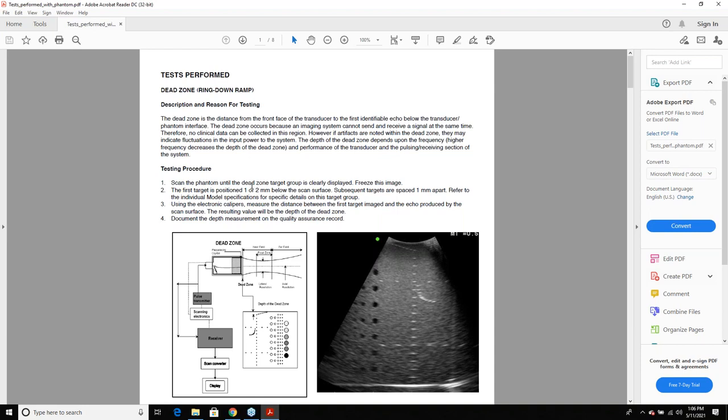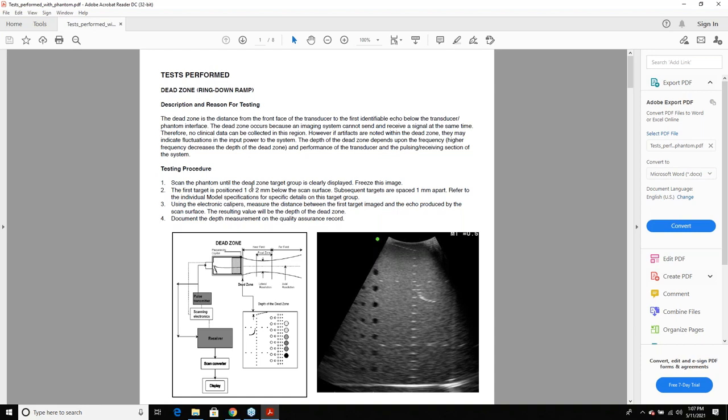So that's exactly what the ring down is saying. At what depth will it be able to detect the first object? Because the lower the frequency, the deeper it'll have to go before it has the time delay to be able to detect an object at all. So on the Phantom, they give you the ability to test that, and that's these objects right here. You can see they start at the very top of the Phantom and then move their way down.